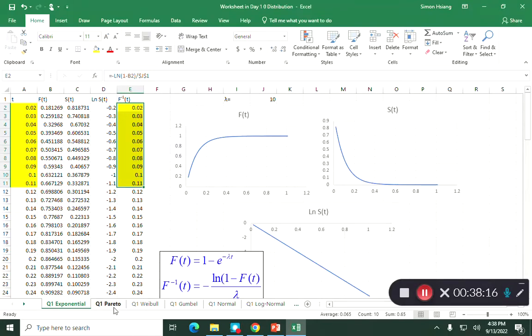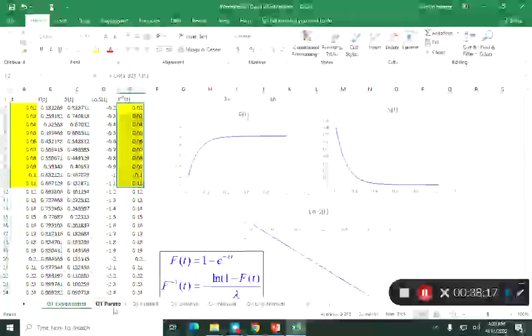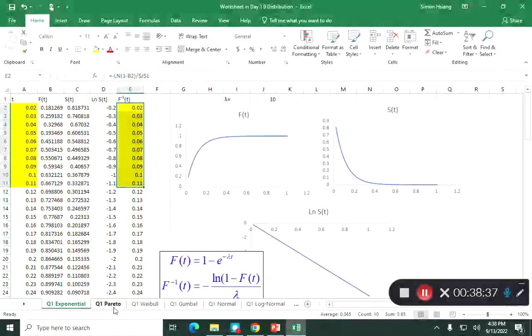But why is that invertible? It doesn't come down and go up, it's monotonic from 0 to 1.